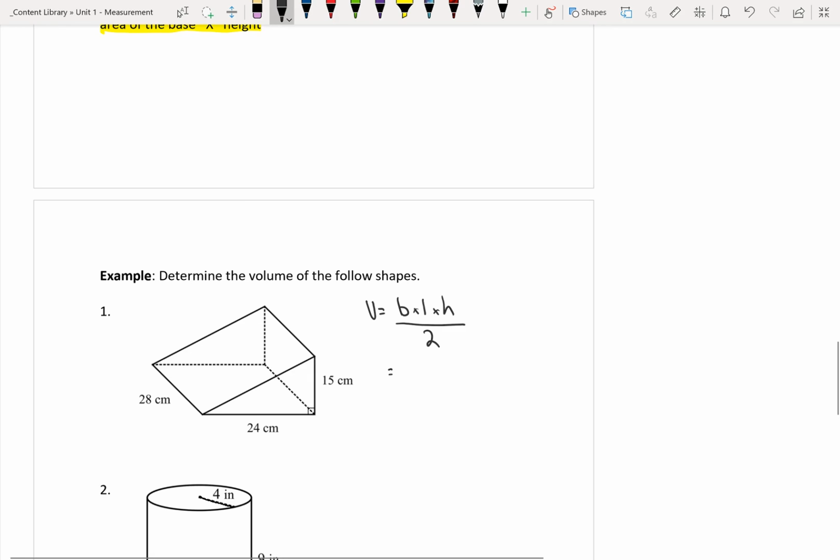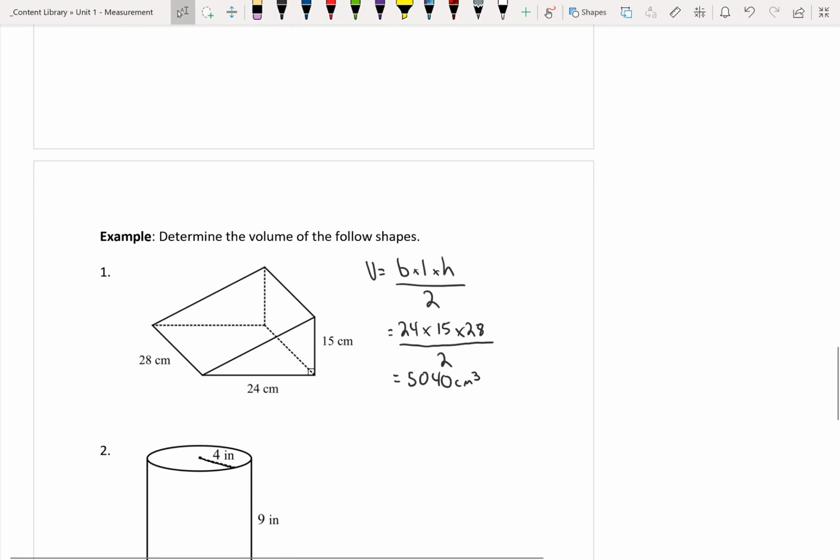So my base will be 24, in this case focusing on just the bottom triangle, times 15, times the height of the object or the length, 28, all divided by 2. So 24 times 15 times 28 divided by 2 is 5,040 centimeters cubed. And that would be the volume of my shape.